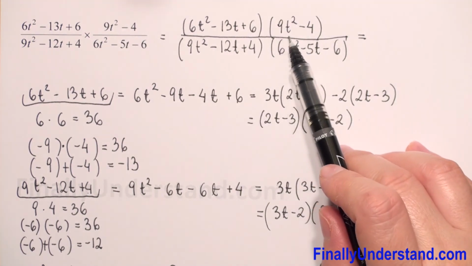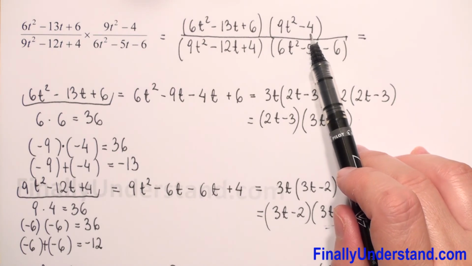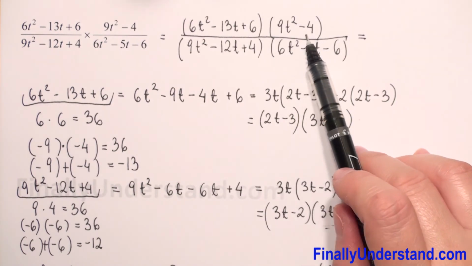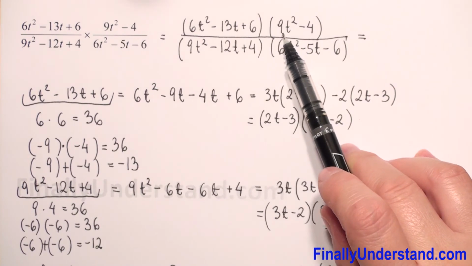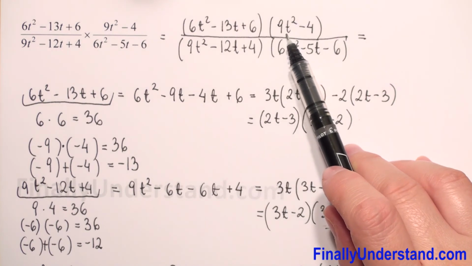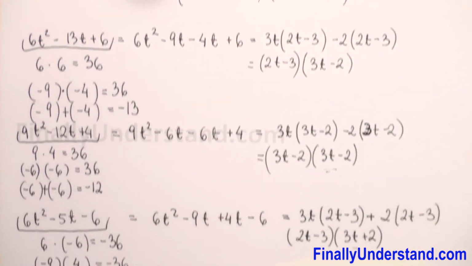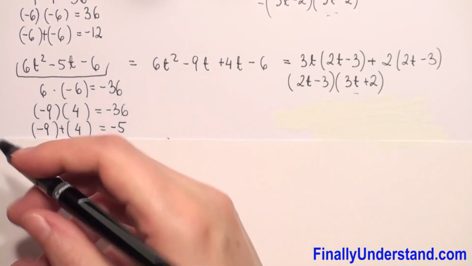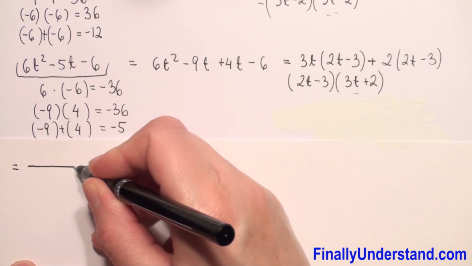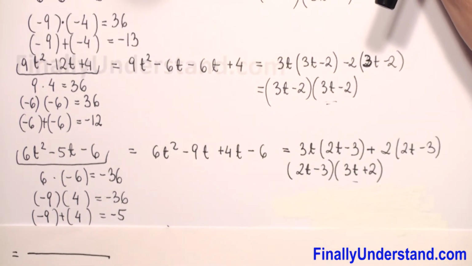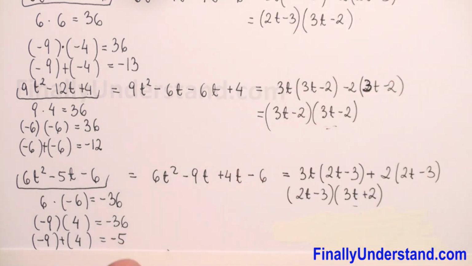And we have 9t squared minus 4, so 4 we can rewrite that this is 2 to the second power, and 9t squared, that this is 3t to the second power, so we will have a difference of two perfect squares. So let's start from the beginning. This is equal to, we have first these two parentheses, 2t minus 3 times 3t minus 2.